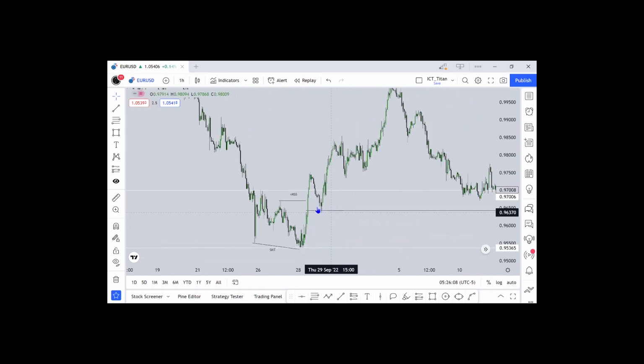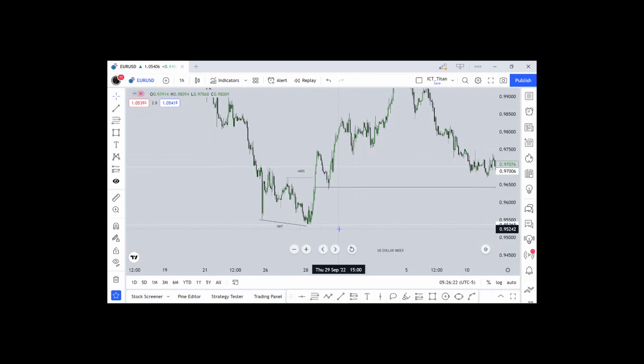After going to the 1 hour time frame, you identify the 50% of the fair value gap on the 4 hour time frame. So this will be entry, and your stop loss will be below this particular point.